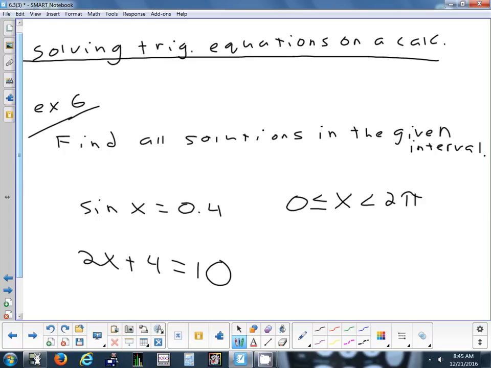I'm focusing on the solution itself. Think about what kind of function this is. 2x plus 4. If you were to graph y equals 2x plus 4, it's linear. What if you graph this? No, it's not linear. What is it?